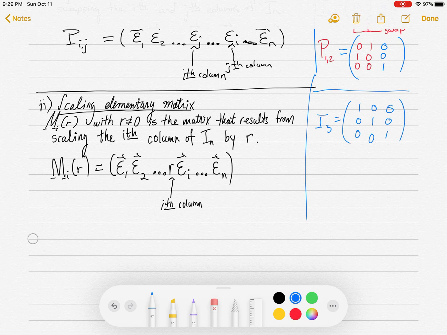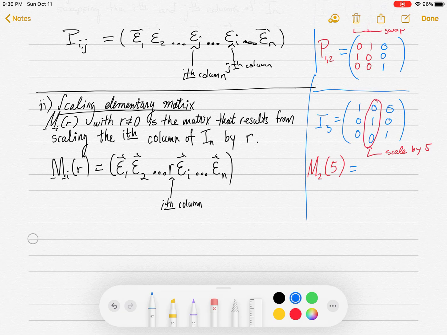Okay, so a 3x3 example. I start off with the identity I3: 1, 0, 0, epsilon 1; 0, 1, 0, that's epsilon 2; and 0, 0, 1, that's epsilon 3. Let's say we want to talk about M sub 2 of 5.